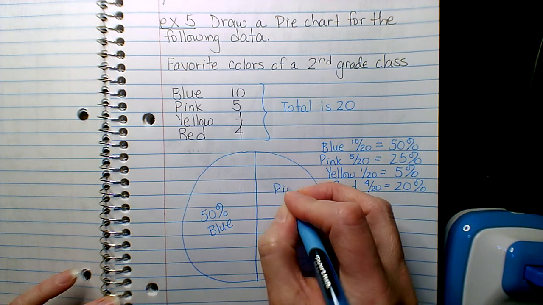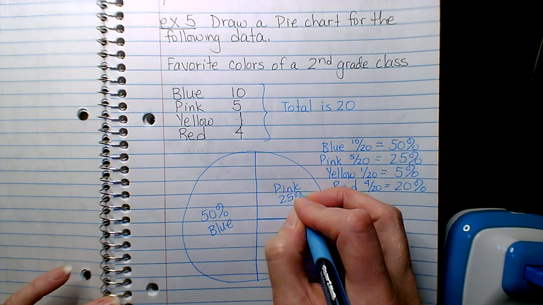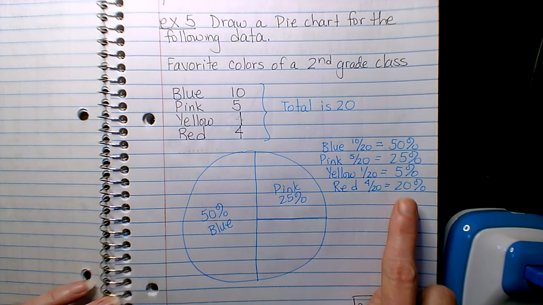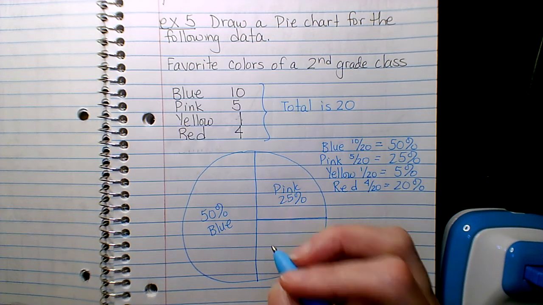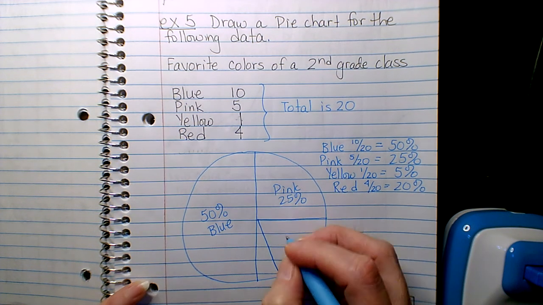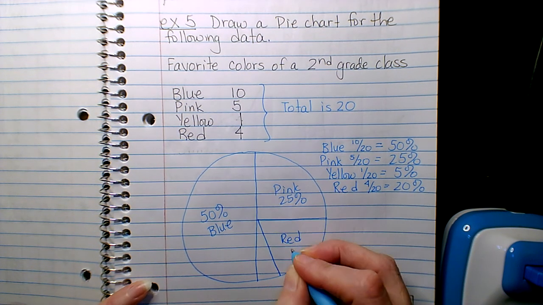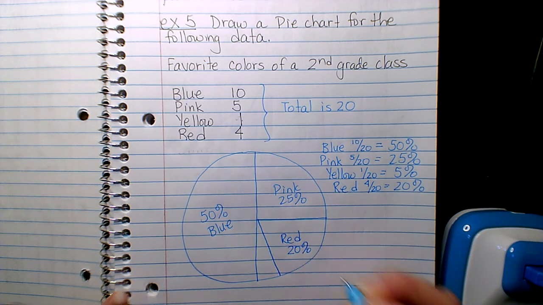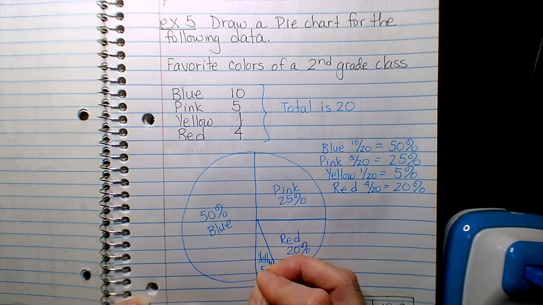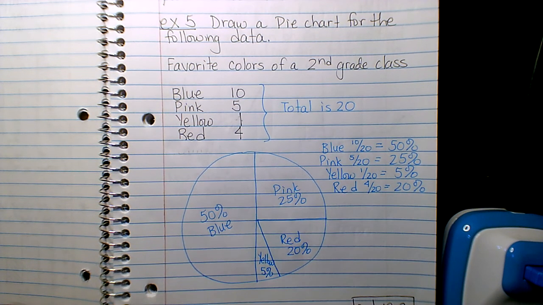So there's pink. What's left down here is going to be mostly red with a little bit of yellow. Now I'm not going to bust out a protractor here. But that looks pretty darn close, don't you think?